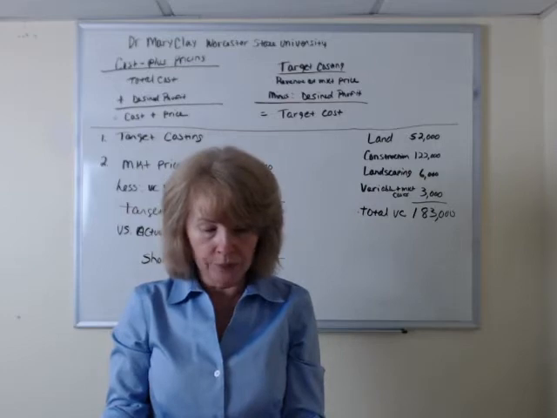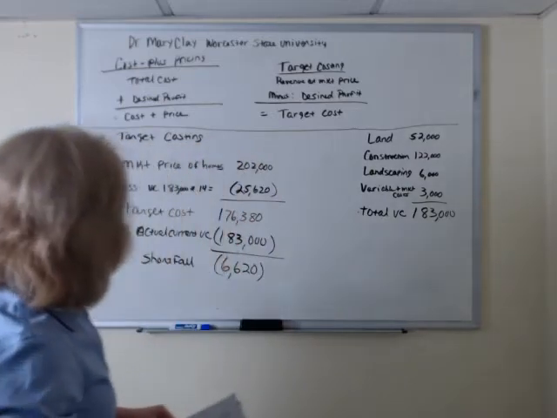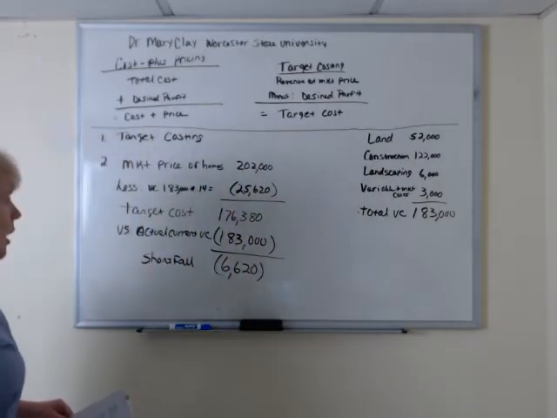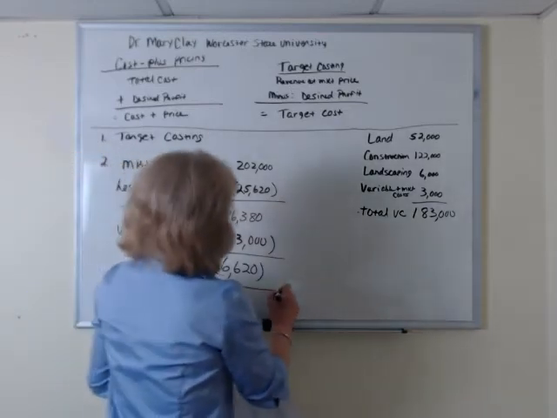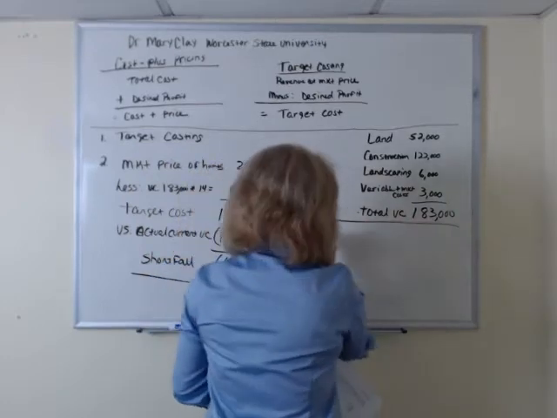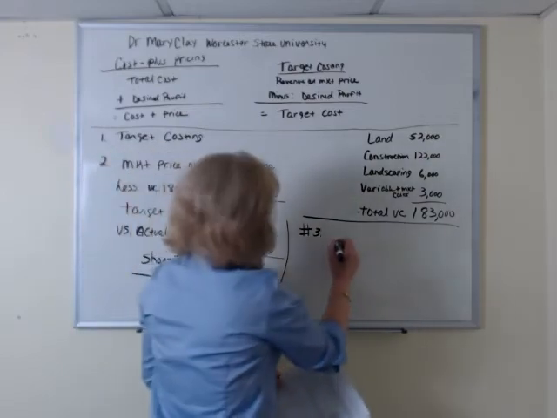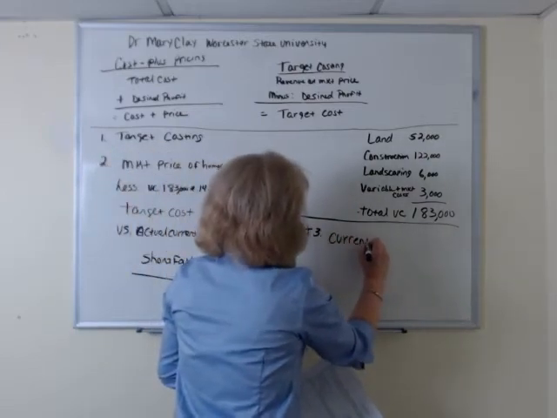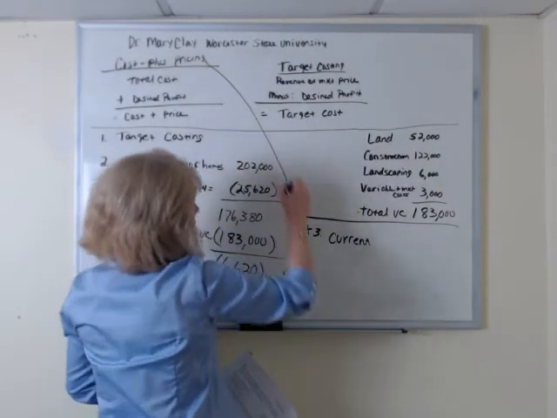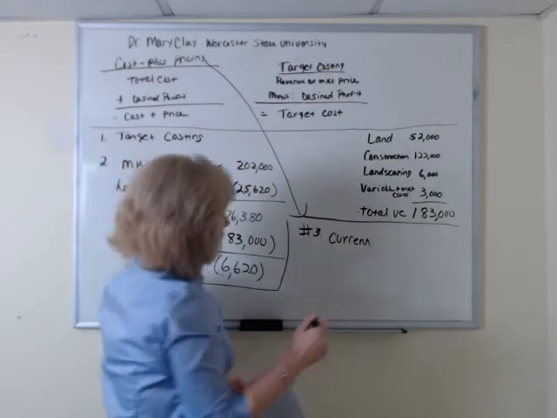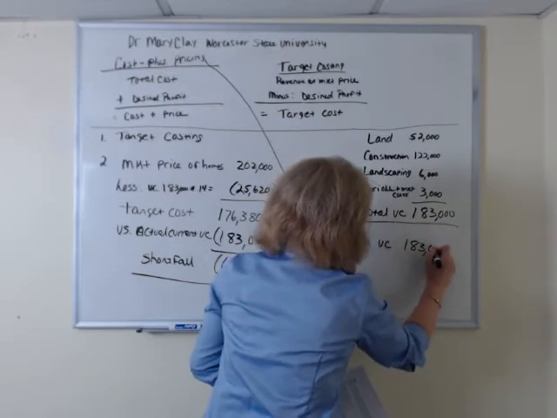All right, so the current variable cost, I'm going to put that right here. So you're clear, this is number 3, okay? The current variable costs, remember, this is a different approach now. Let me label this. This is going to be the cost plus pricing approach. So now I'm going to start with my current variable cost, which is $183,000.